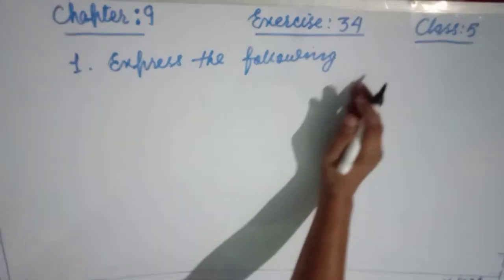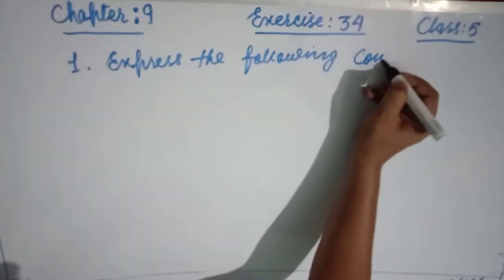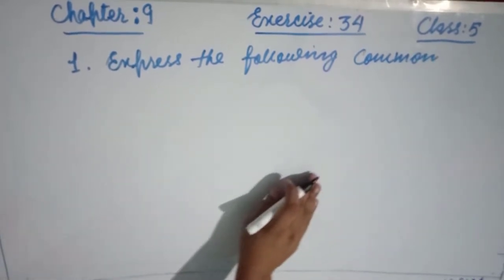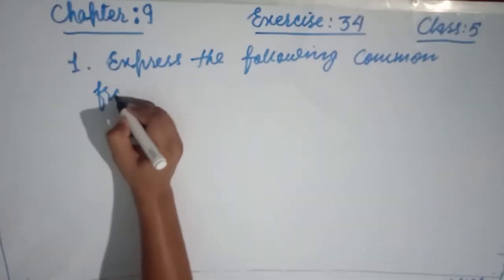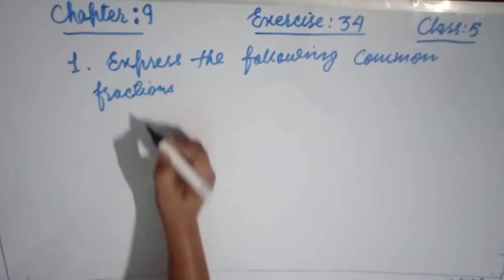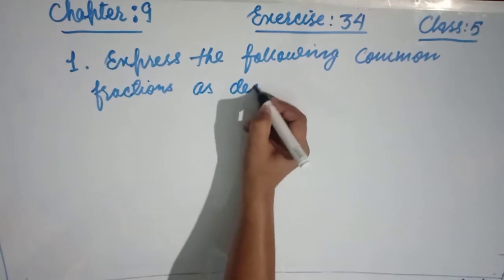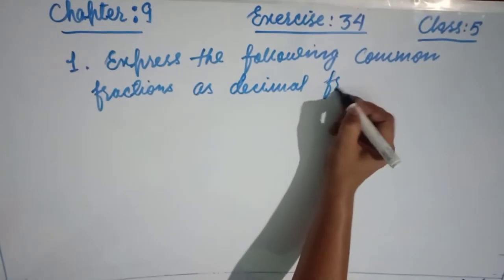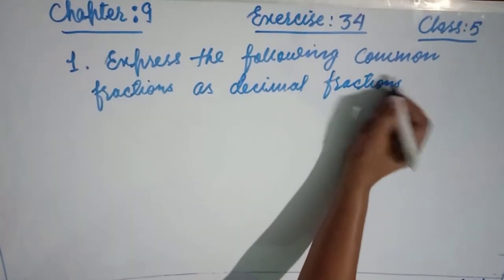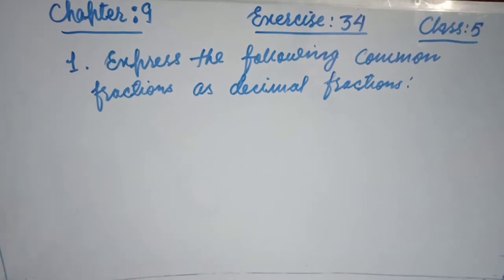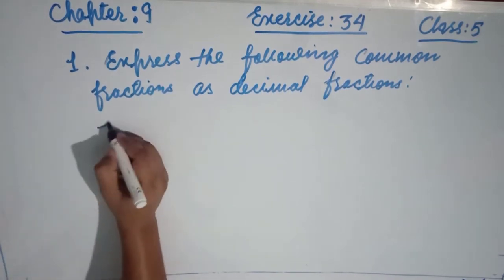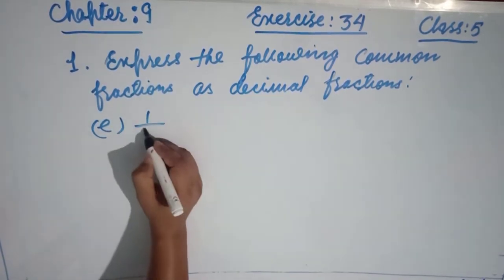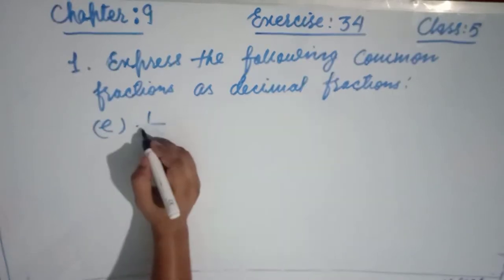Now see friends, question 1 has 5 sub questions and we will solve only one. Okay, now see question E, because all questions A, B, C, D are similar to question E.